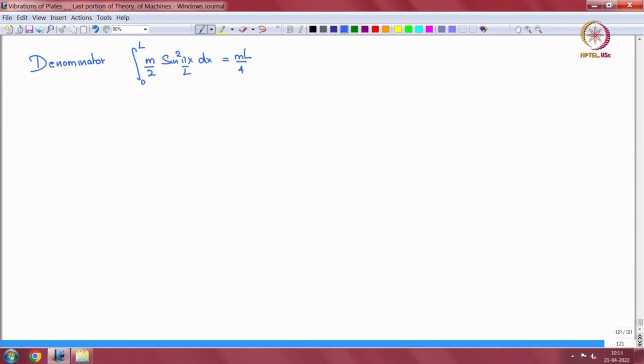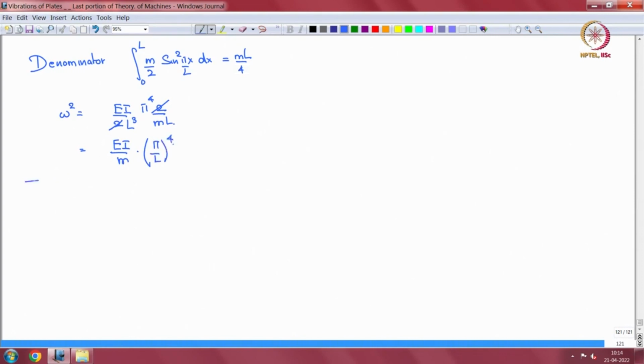Now if I do the equation, I have omega square equal to E I by 2 L cube pi fourth, twice by m L. So this 2 goes, and I get E I by m times pi by L whole to the power fourth.